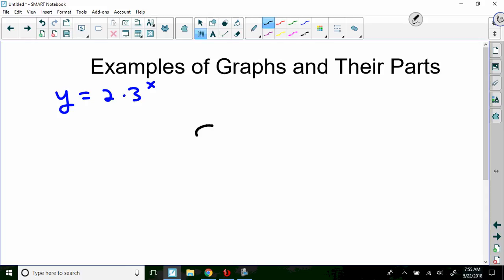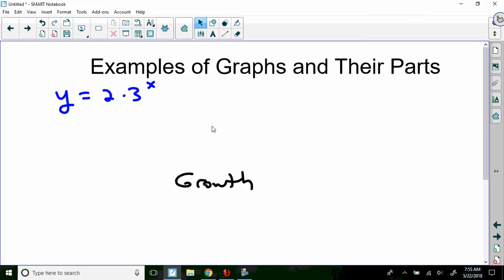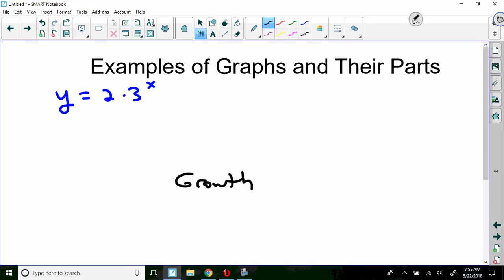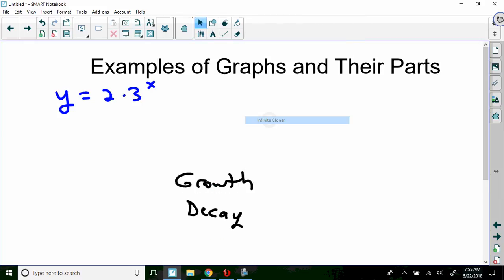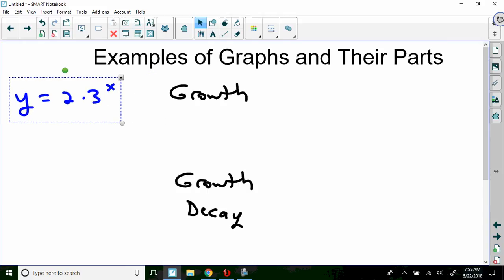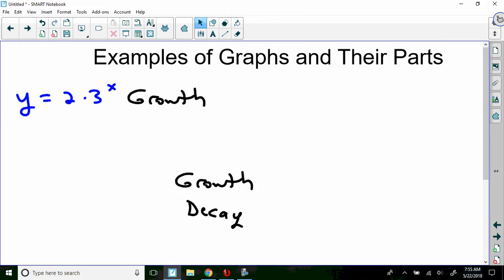We say that the function either represents a growth function or decay. So because it's increasing, what would you say that function's doing, growing or decaying? Growing. So this represents exponential growth, okay? So for y equals 2 times 3 to the x, it represents growth.